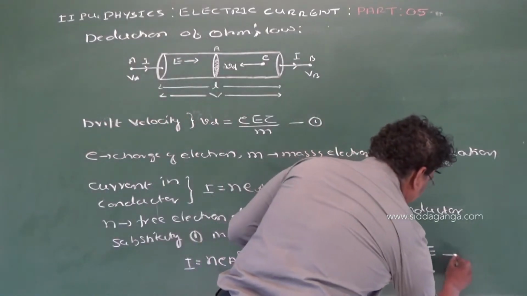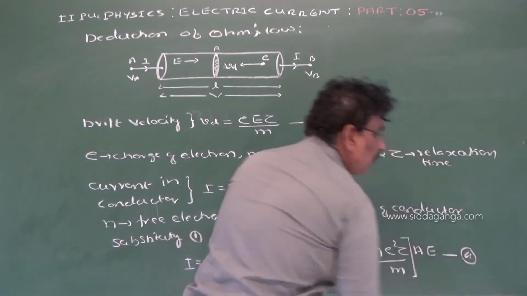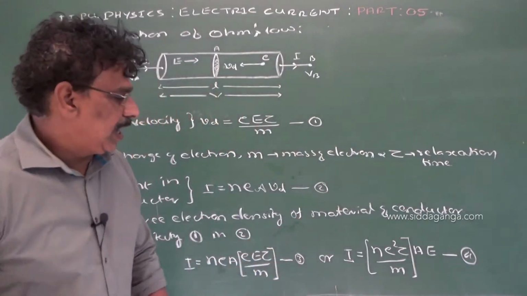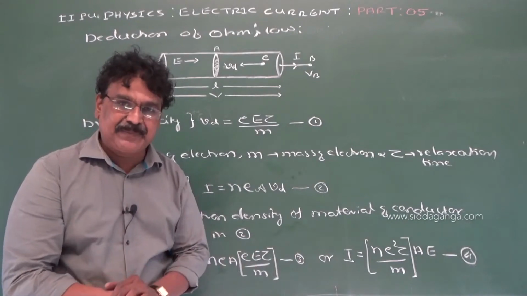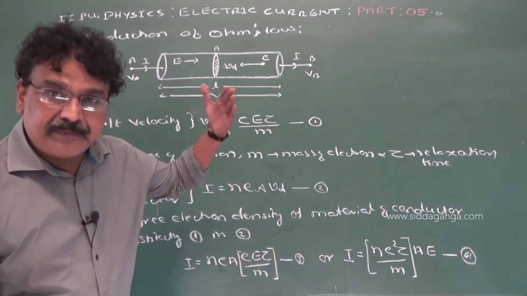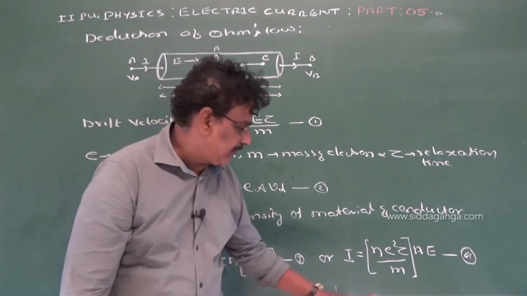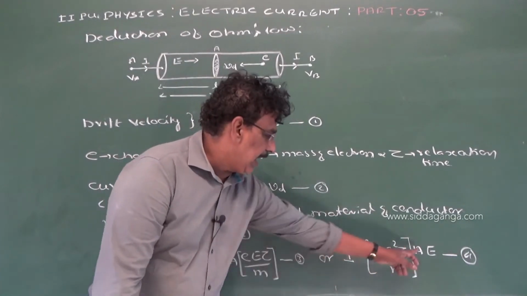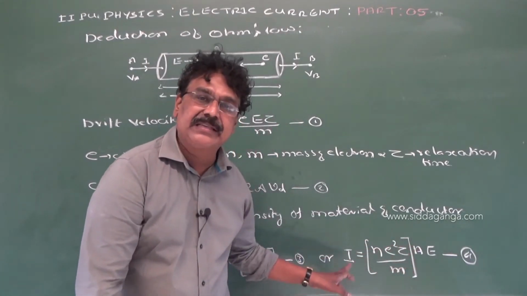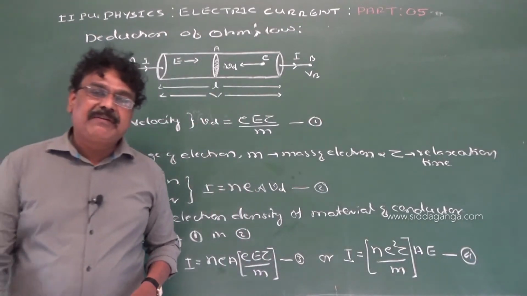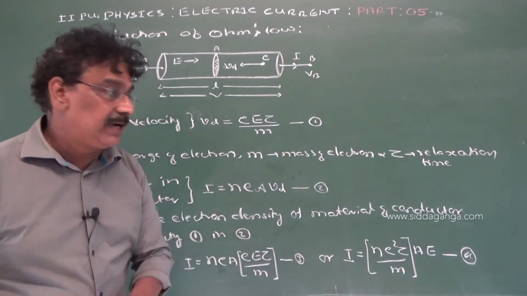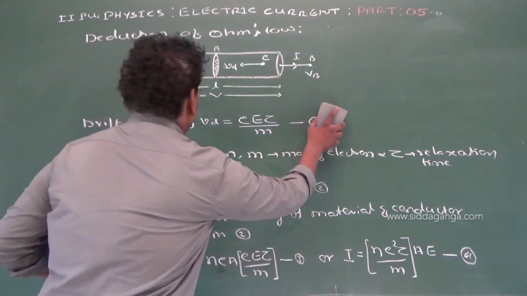Let us take it as equation number 4. Up to this point, the derivation is the same. In the previous derivation, we took I by A, and I by A is equal to J. But now we are deriving the relation between current and potential difference.